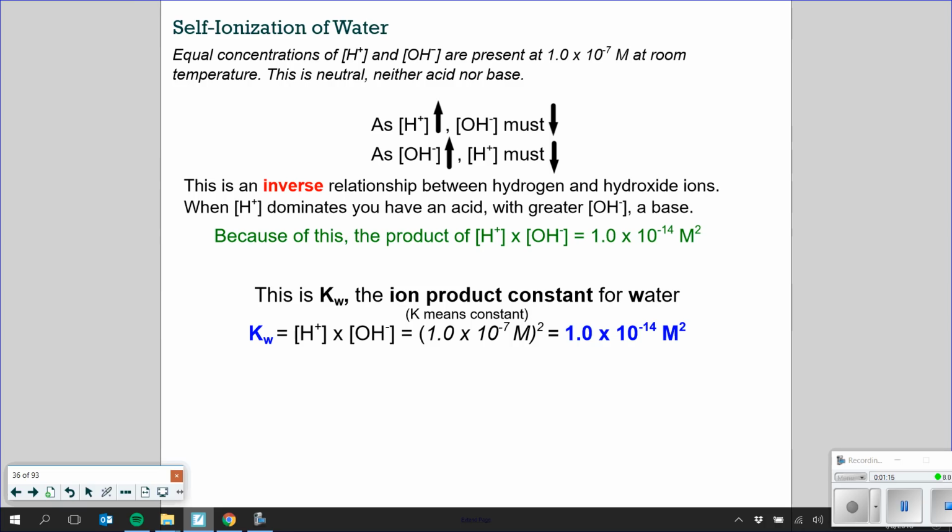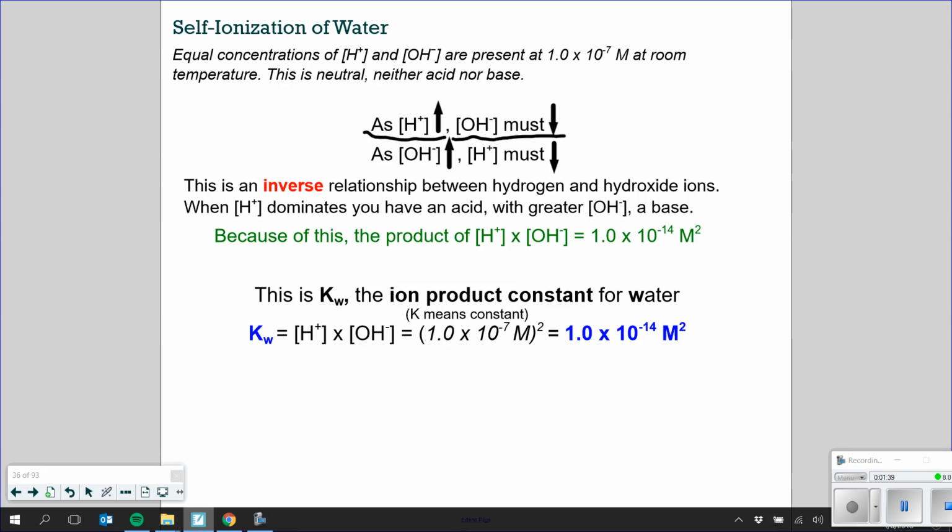So in neutral water, equal concentrations of H+ and OH- both equal 1.0 times 10 to the negative 7th, and that's neither an acid nor a base. But if you add an acid to the water, then the H+ concentration is going to increase, and therefore the hydroxide concentration must decrease.